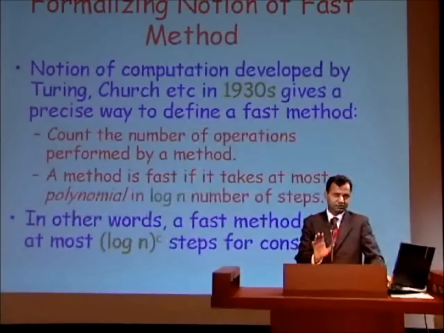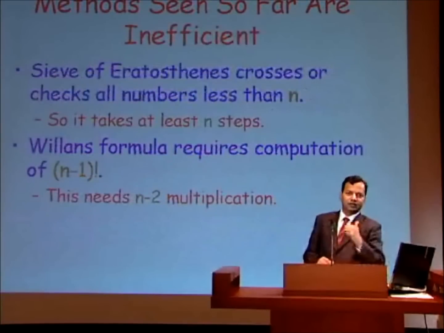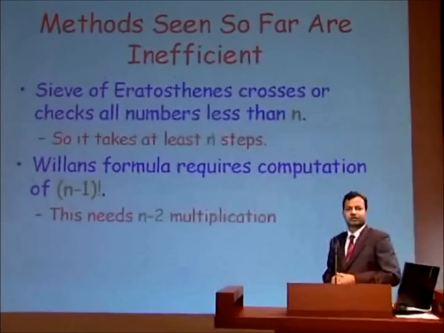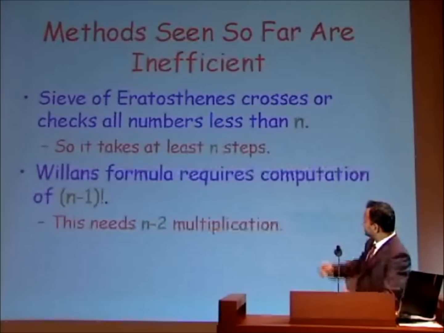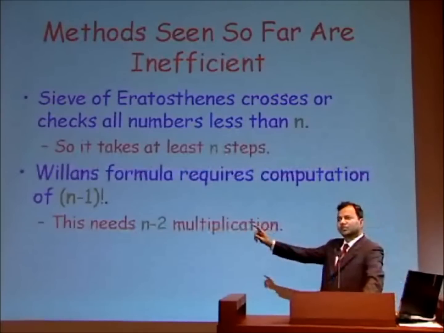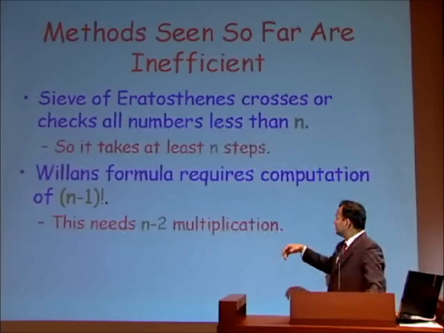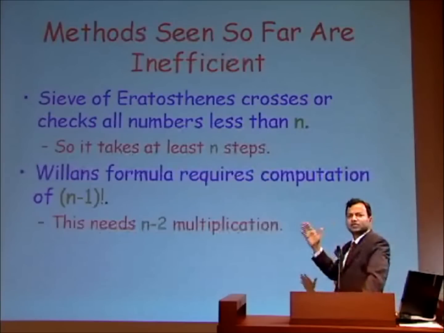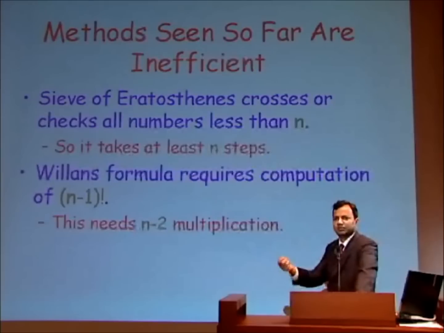Now with this definition of a fast method, let's look back at the two methods we know for determining if n is prime. One was the sieve of Eratosthenes. That required writing down all the numbers from 1 to n and crossing out all the non-primes. That clearly requires one to check all the numbers between 1 and n, either cross them out or leave them uncrossed.